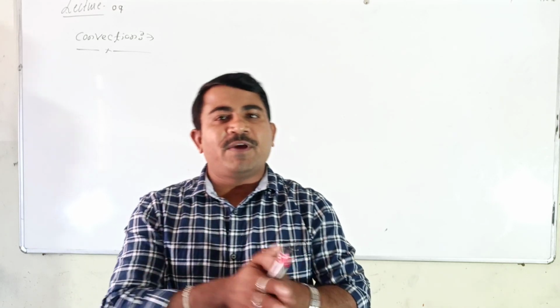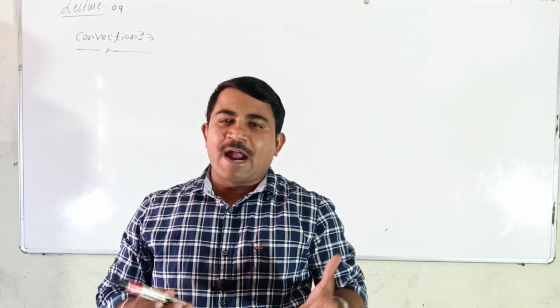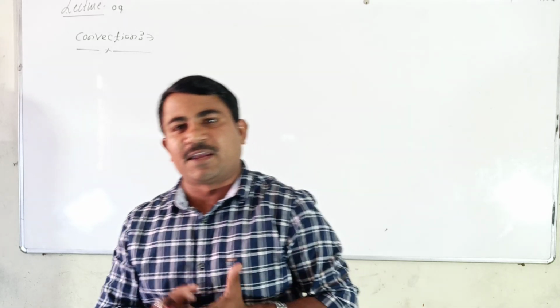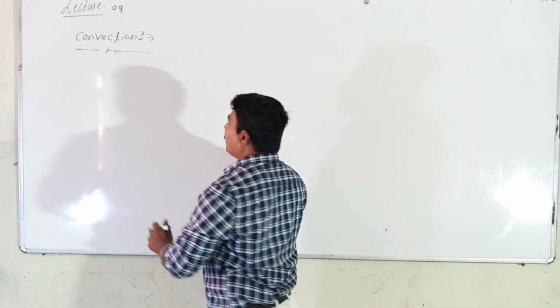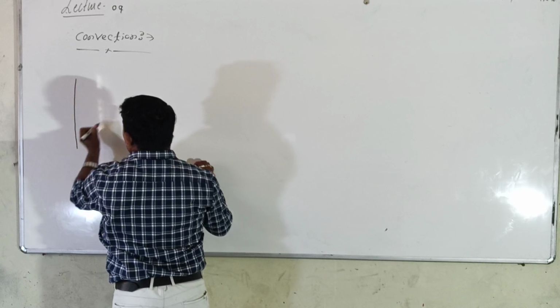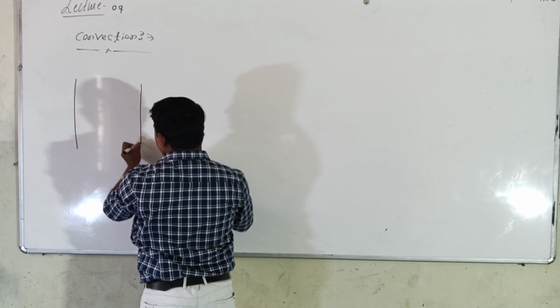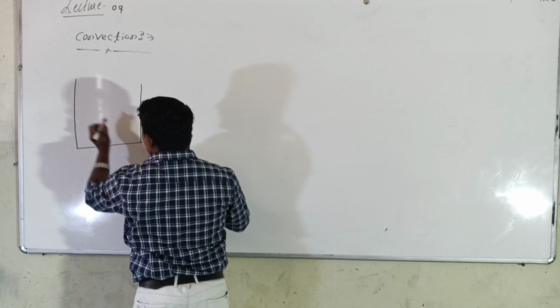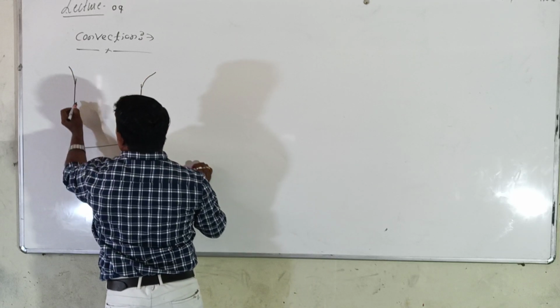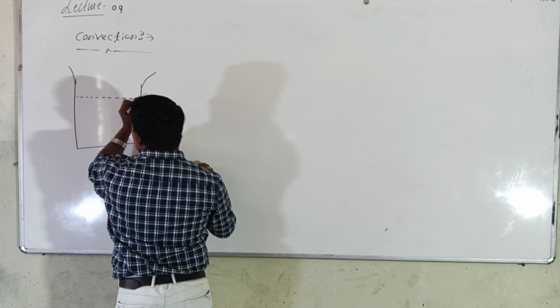Now, how is convection possible? To understand the concept of convection, let us take a vessel containing liquid. See here, this is the vessel containing liquid.